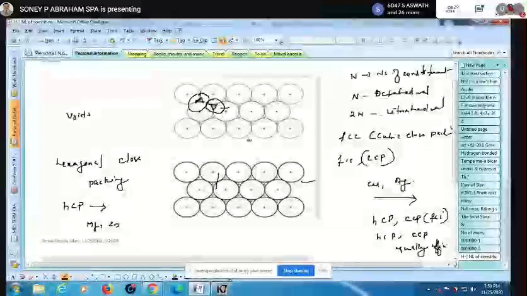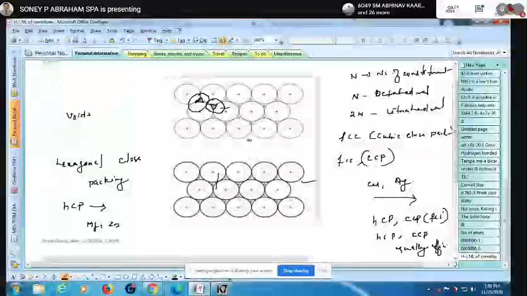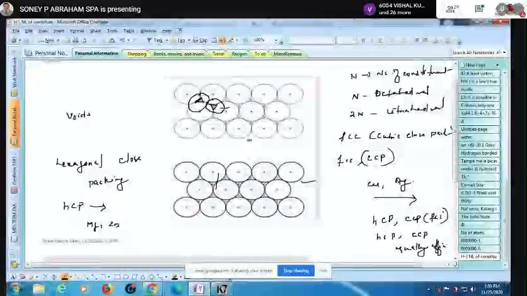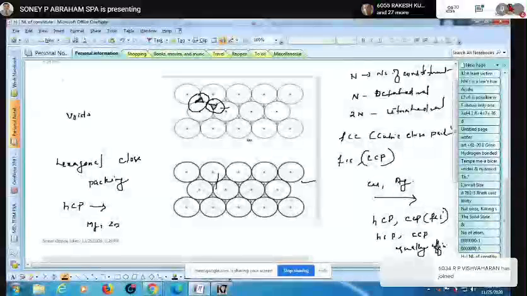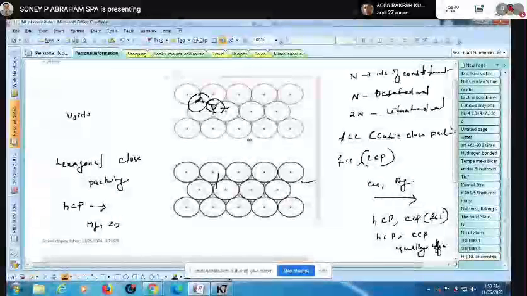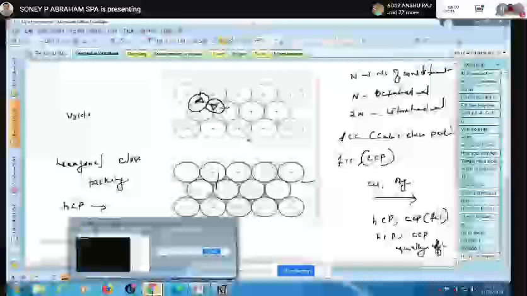So if I ask you, in a face-centered cubic unit cell, what will be the number of tetrahedral voids as well as the octahedral voids? 4 octahedral voids and 8 tetrahedral voids.